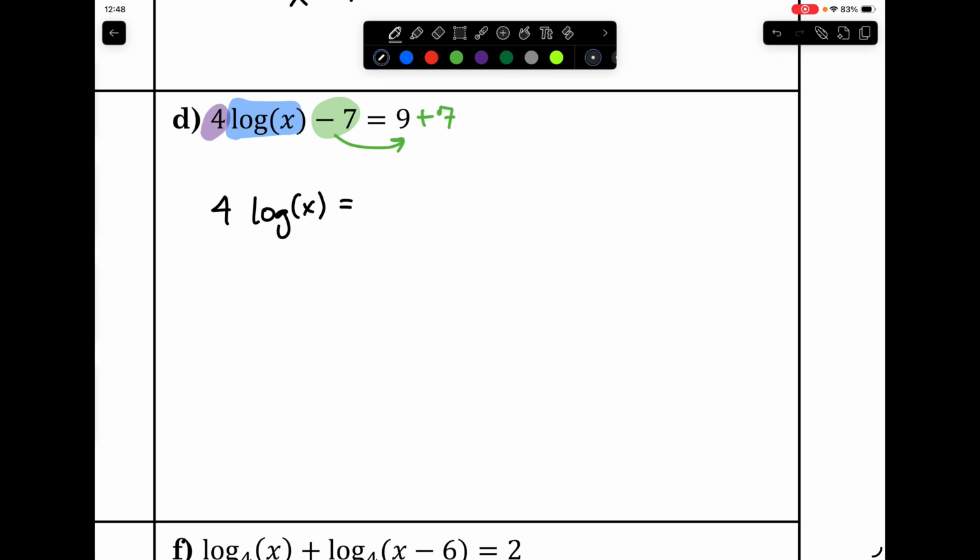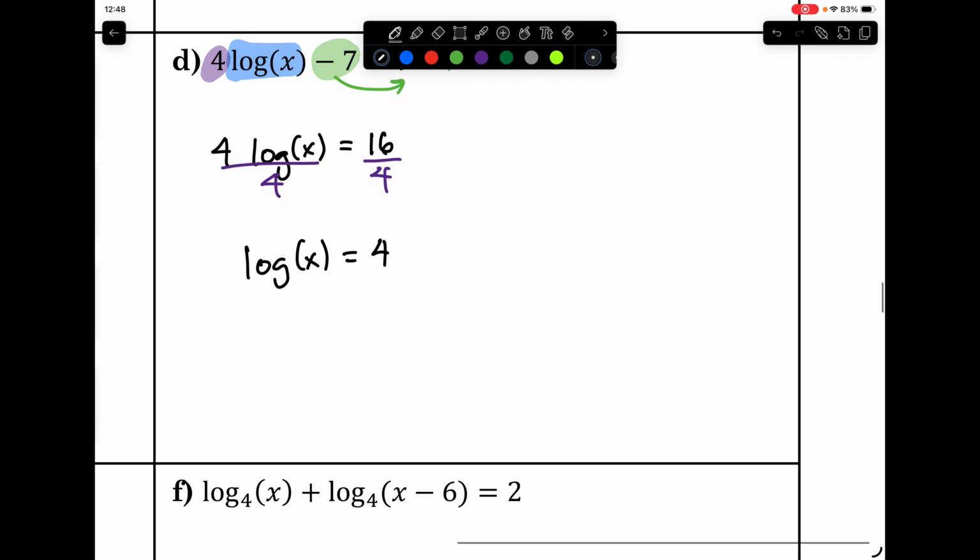So this adds up to 16. And now if I wait to get rid of the 4 by dividing by 4 at the very end, 16 divided by 4 is a lot easier to work with. So this is a total of 4. Now, again, from here, it is your responsibility to remember that the base of the common log is 10.